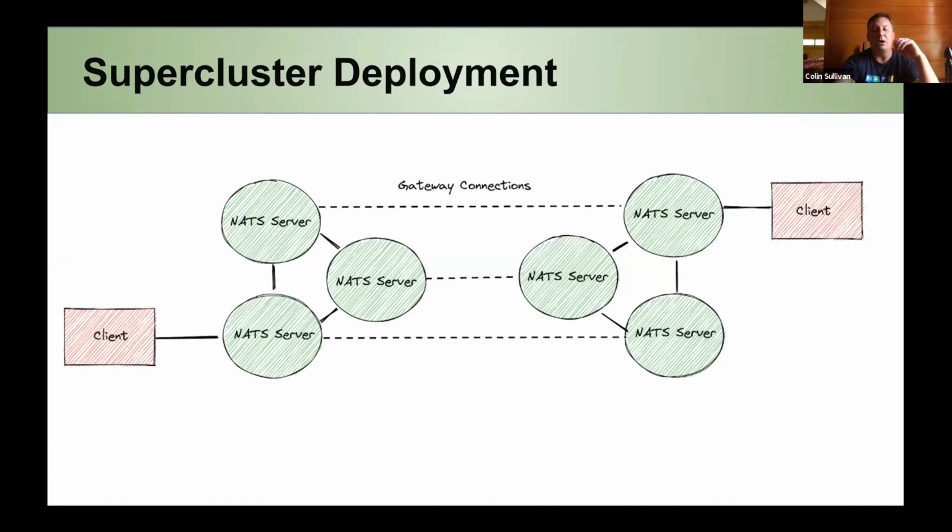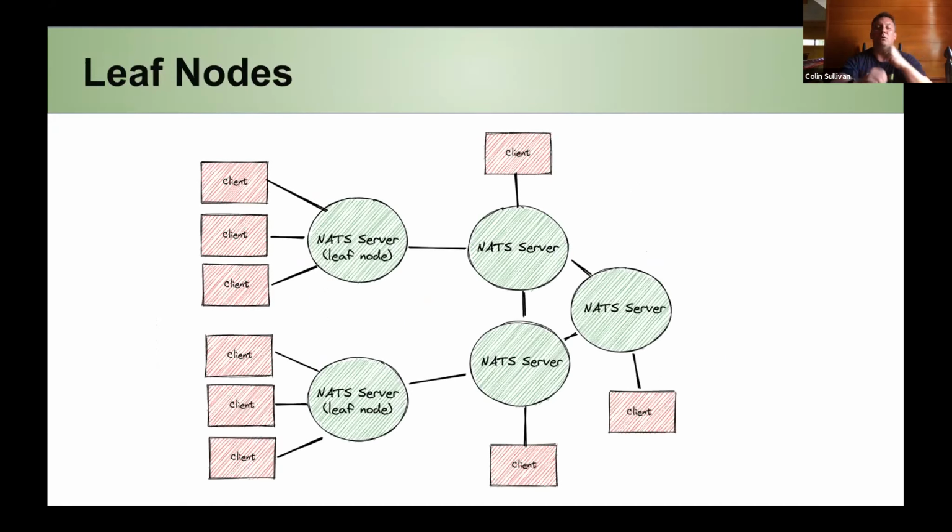Now that you are running these clusters, we allow you to create what we call leaf nodes. So here's a cluster that might be running in the cloud. And then you can have a leaf node, and this could be running on an edge device. This could be running on a cable box, on a router, or in a car.